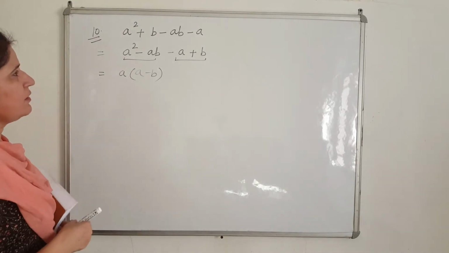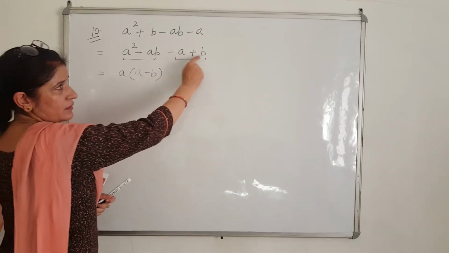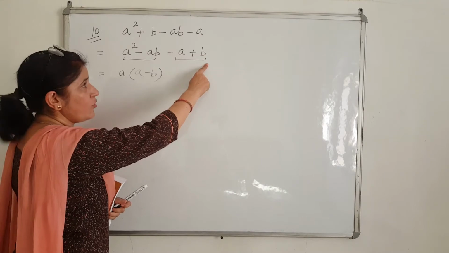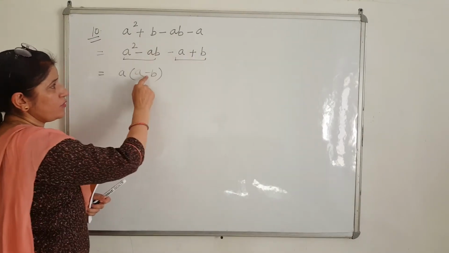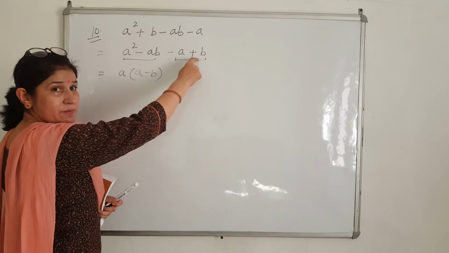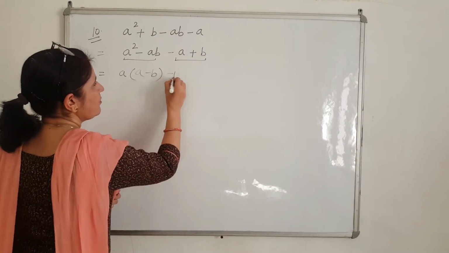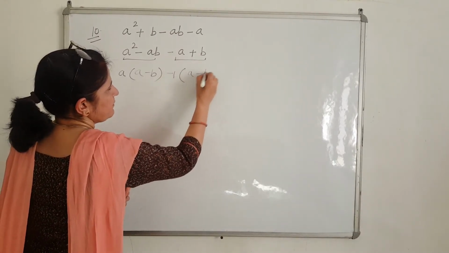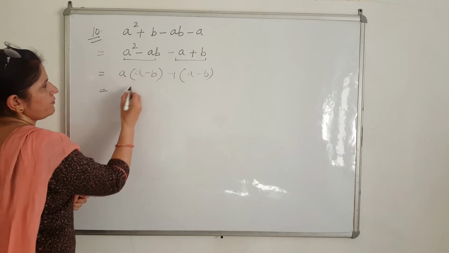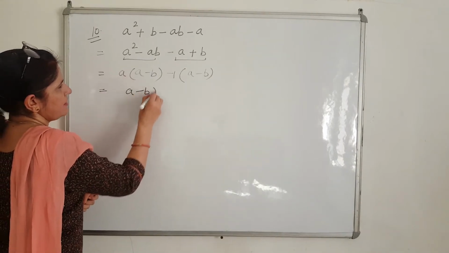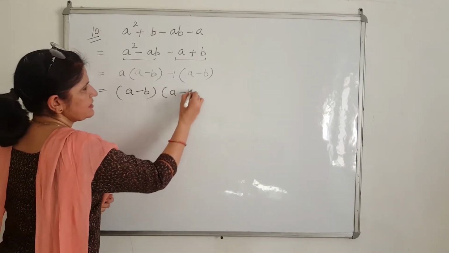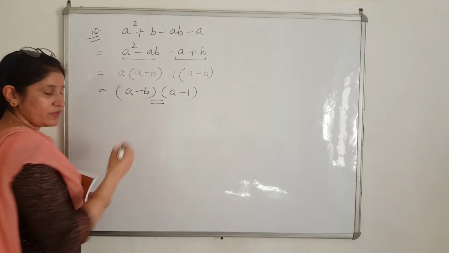In the second one, what is common? a and b we can't take common, so we will take the sign common, because here we require minus, but here it is plus. So we take minus 1 common, we get a − b. So (a − b) and the second factor is (a − 1). So this is the answer of this question.